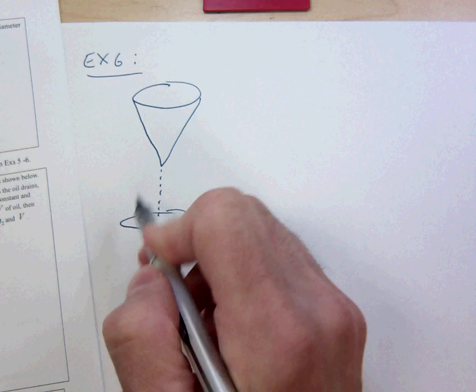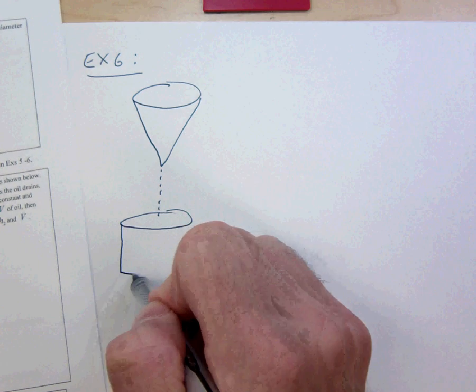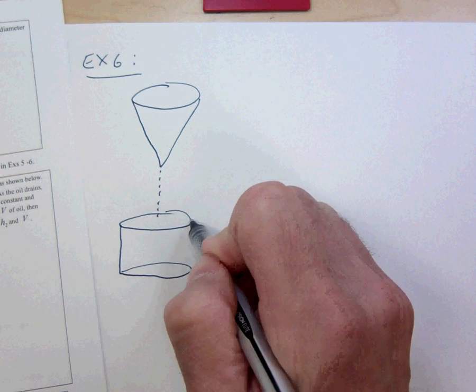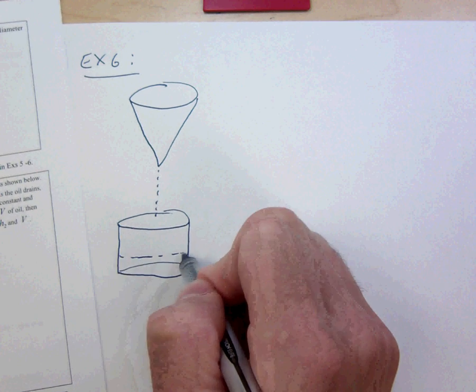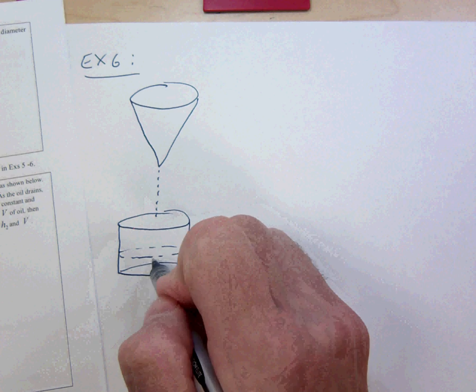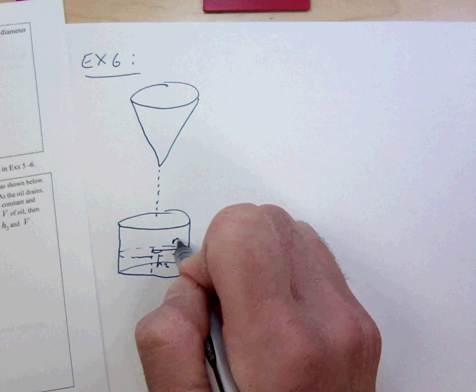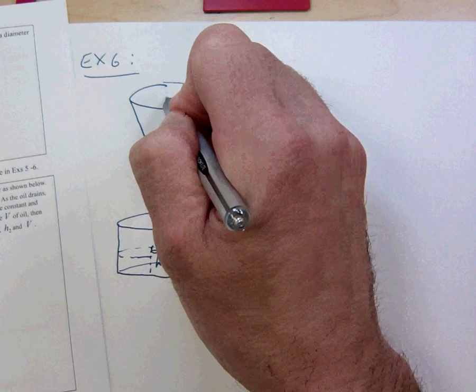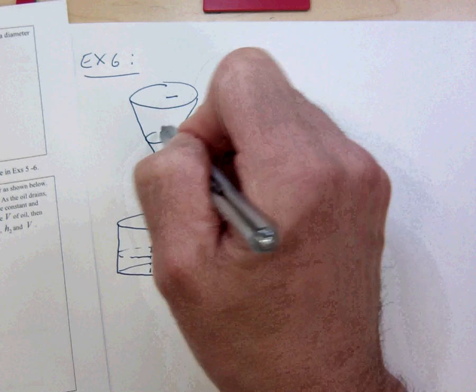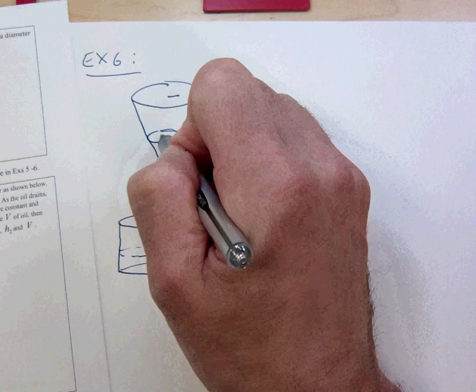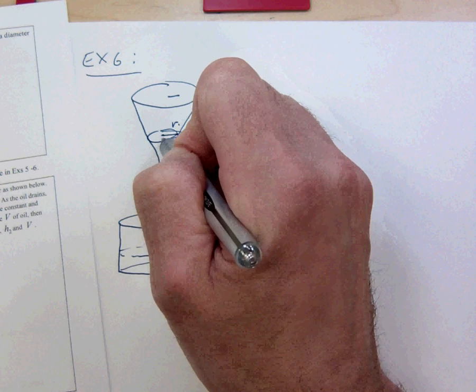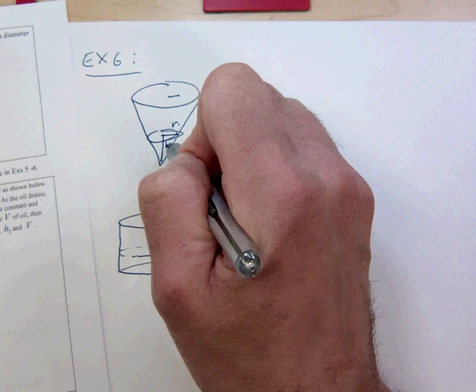So you have the water, or the oil, starting out. And I'll call this H2 and I'll call this R2. And I'll call this what? Well, the water's going to be in here, right? So I'll call this R1 and H1? Yes? Okay.